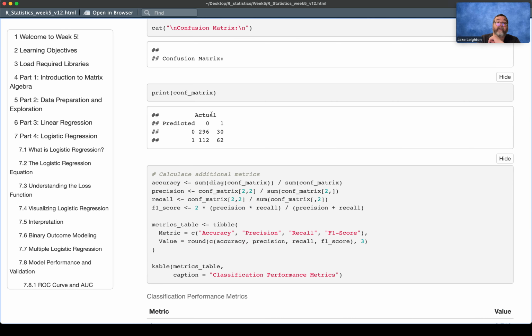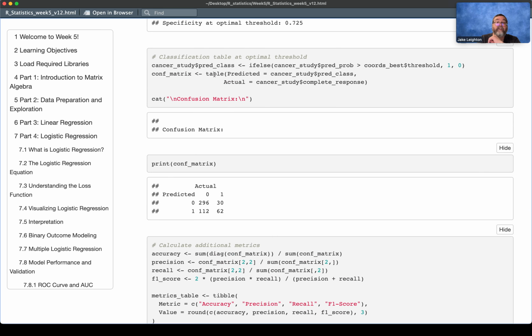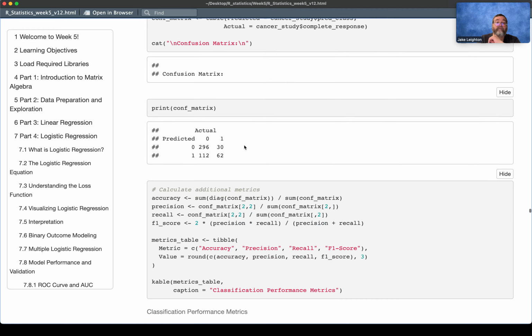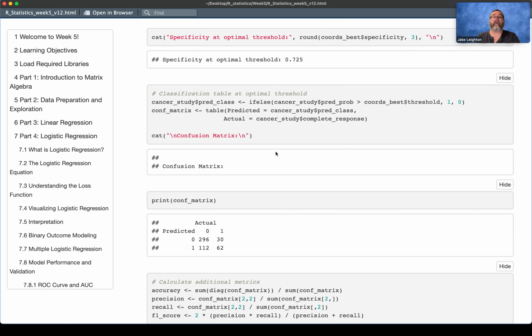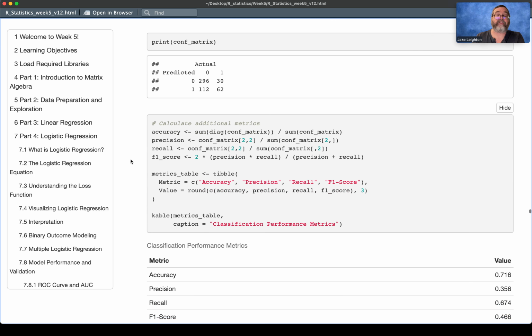So now we can make a confusion matrix, which is just a table of predicted versus actual, and this is extremely important. I'll show you how to do this better later on and much prettier with tidyverse, but I just want to introduce you to this right now. What we see here is the actual values, 0 and 1, and the predicted values for 0 and 1.